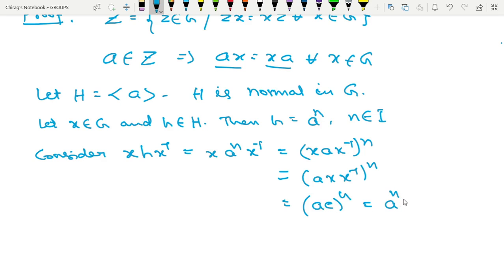Now a to the power n is an integral power of a, and H is generated by a, and therefore this element definitely belongs to H. Hence x h x inverse definitely belongs to capital H. Therefore H is normal in G. So that completes the proof. Thank you.